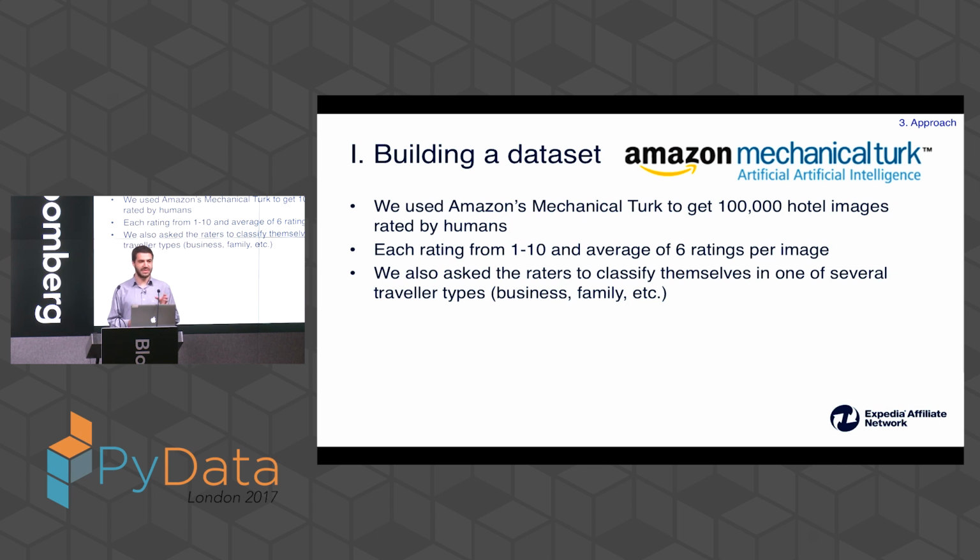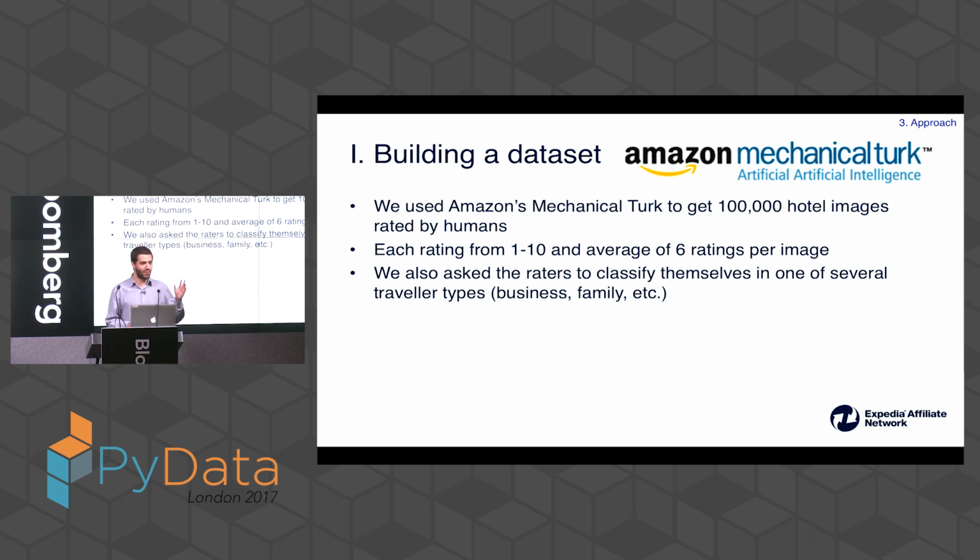This is only a subset of the 10 million, the whole image set we have. We gave the Mechanical Turk 100,000 images to rate, and we got them to rate each image 6 times on average.